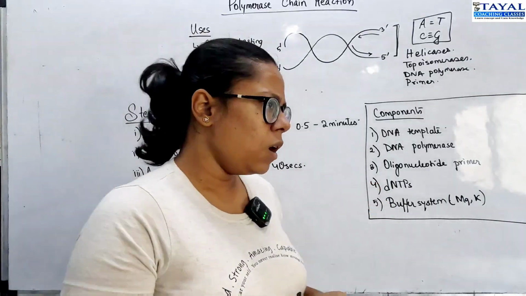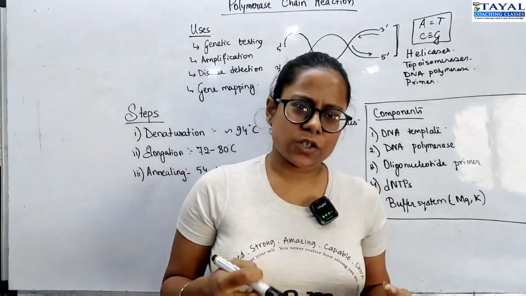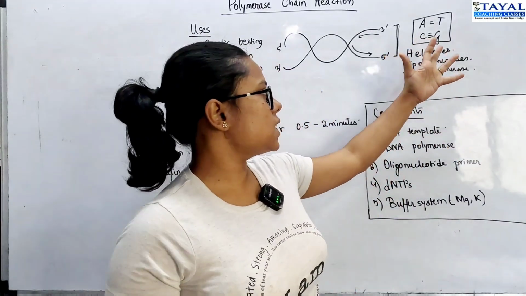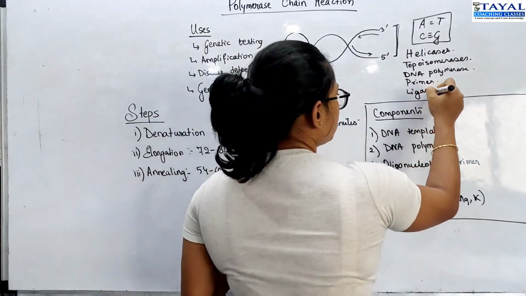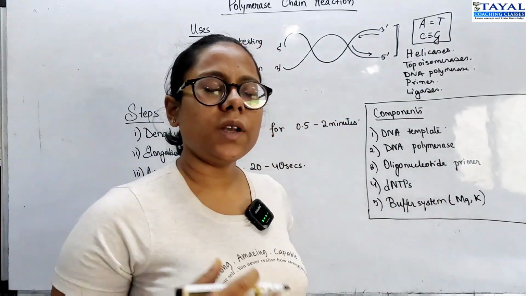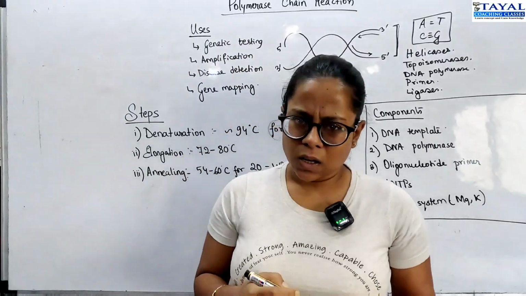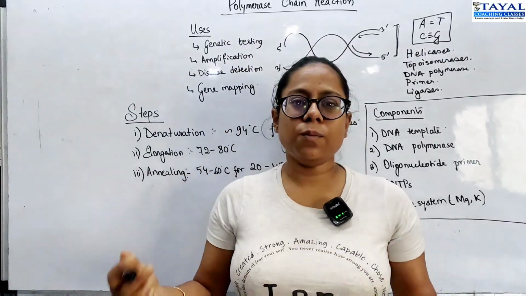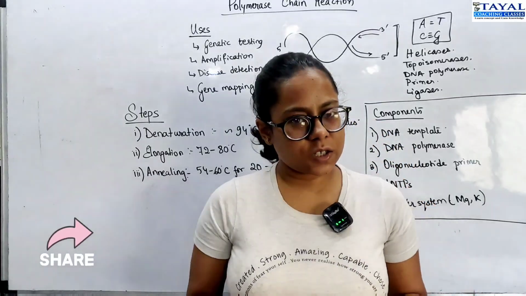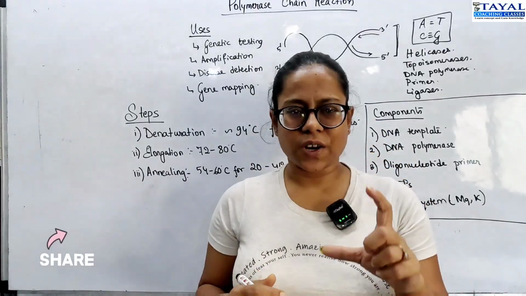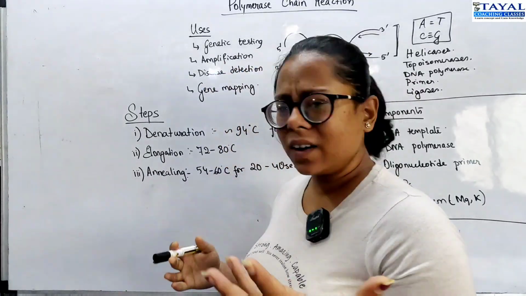Now, in polymerase chain reaction, however, we do not use enzymes like helicases and ligases. We use the concept of temperature. Temperature denatures the hydrogen bonds, and therefore temperature can be used to cause separation of the strands. So then again there are three steps.